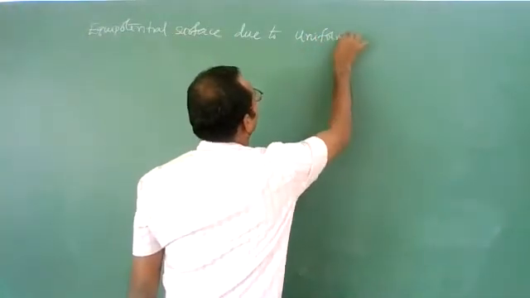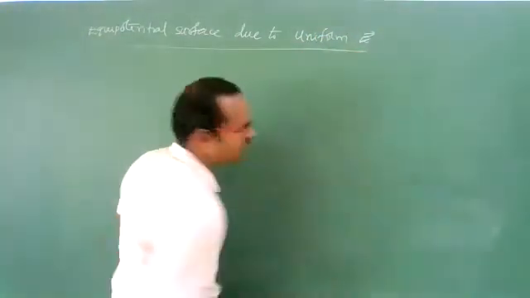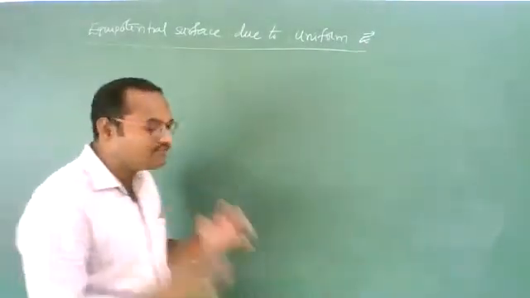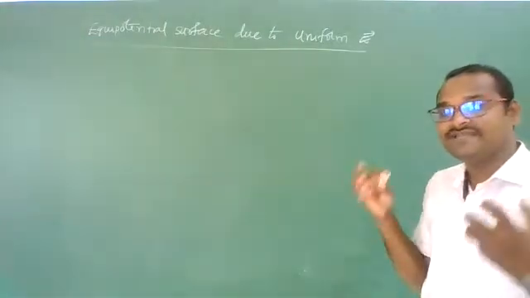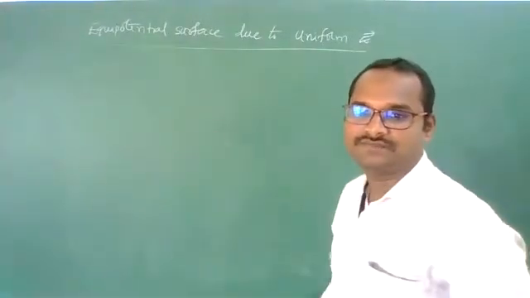Let us take a uniform electric field. Imagine in one particular region a uniform electric field is existing. What is a uniform electric field? See, students, we can represent an electric field by using electric field lines of force.